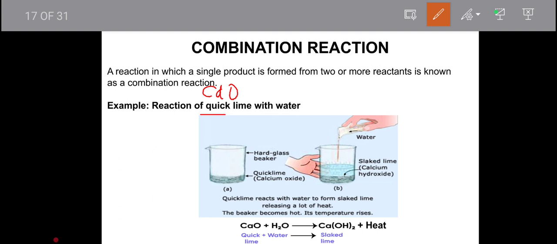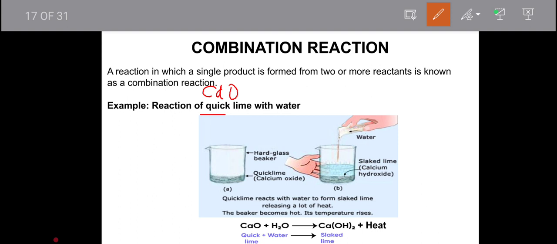As a result of the chemical reaction which is taking place between calcium oxide and water, a large amount of heat is also evolved. Got it? So calcium oxide, when it is reacted with water, is a very fast reaction, and as a result, a large amount of heat is evolved. So this is how the chemical reaction is taking place.